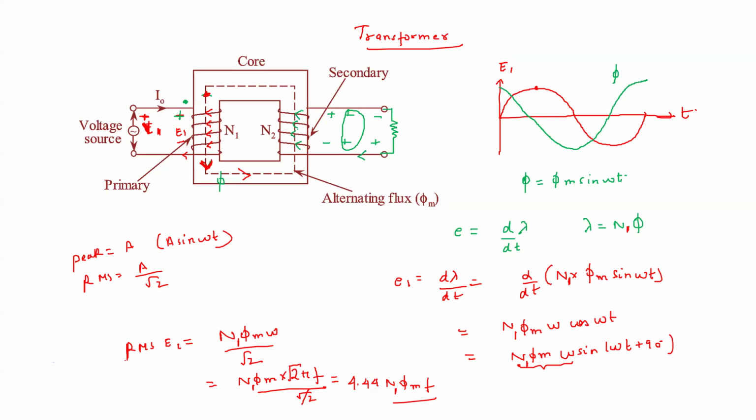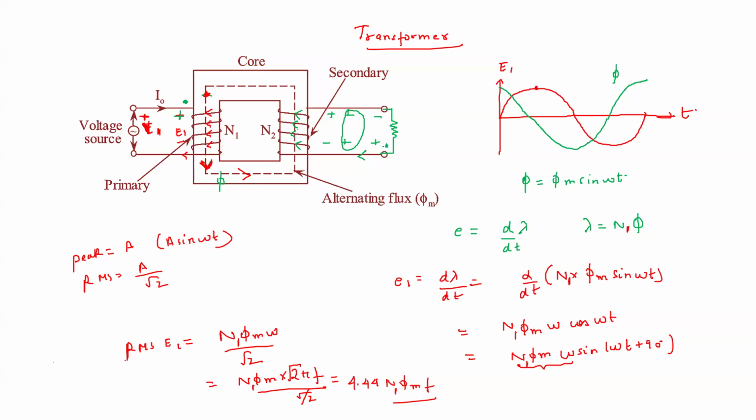If you apply the right hand thumb rule here, this is the current flowing in these coils. Suppose we consider that on the secondary, the EMF is induced like this, and the dot is at the bottom, for the first case.